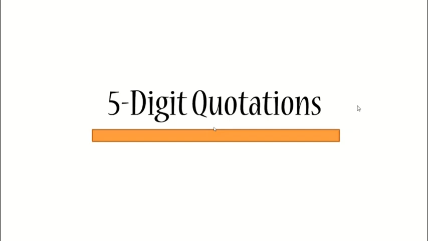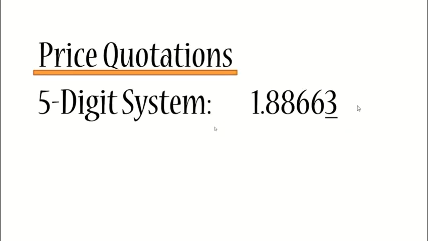My name is Iviwa and today we're going to simply be talking about 5-digit quotation. We did talk about this on our previous tutorial, but this is just to emphasize on it so that you get more clarity on what it's about. So as I said before, when you're talking about a 5-digit system, we're talking about a system that has 5 digits after the comma.